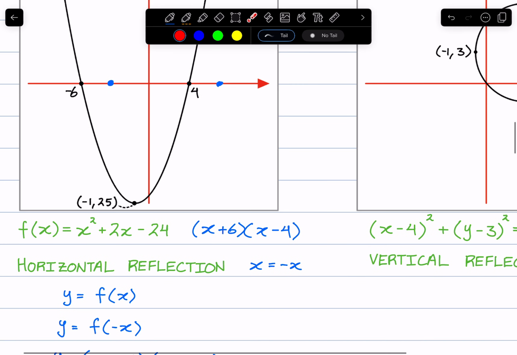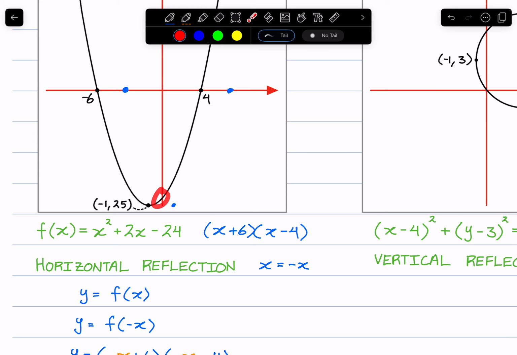Likewise, the x-axis being negative 1 here becomes positive 1. Notice how the y value doesn't change. And so this point here, which would be negative 24, that y-intercept, if it's reflected on the y-axis, there's no change that would happen.